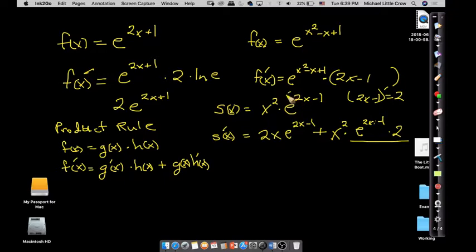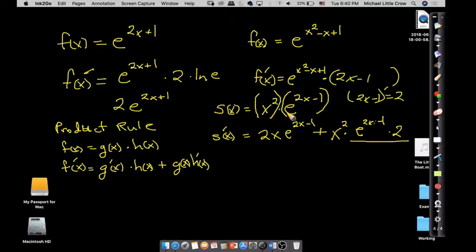So this is like one function, and this is a function being multiplied together. Whenever you take the derivative of e to some power, and in this case e to the 2x minus 1, you're going to get itself times the derivative of the inside of the exponent.